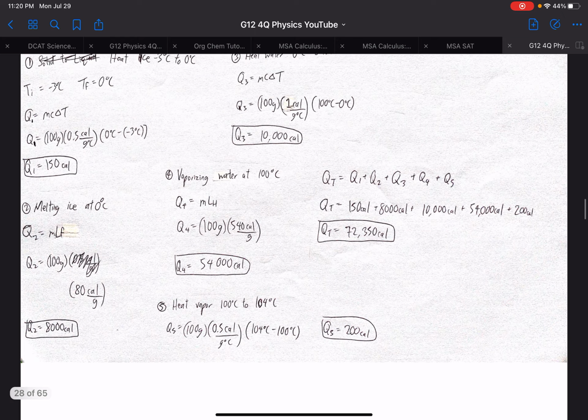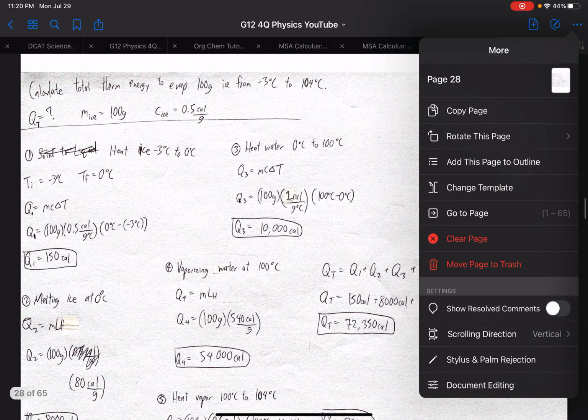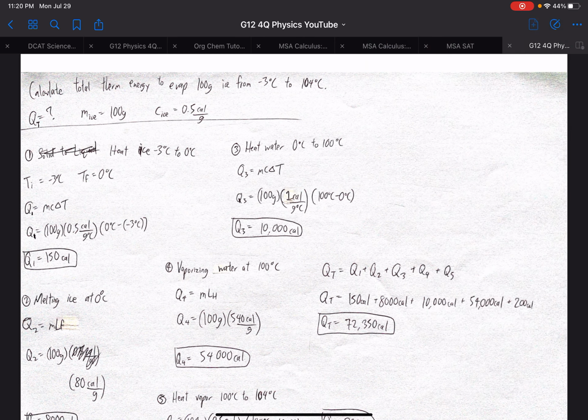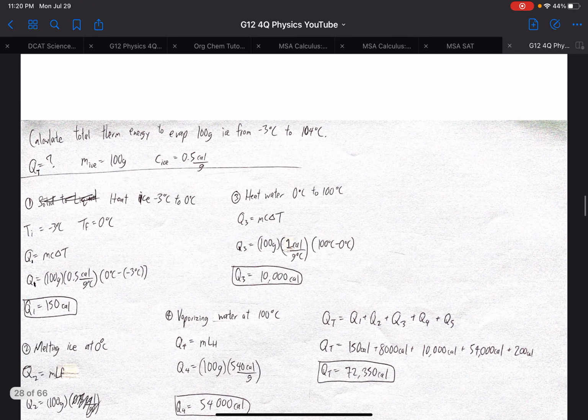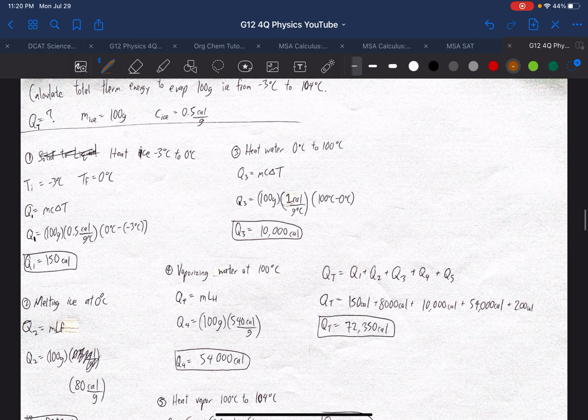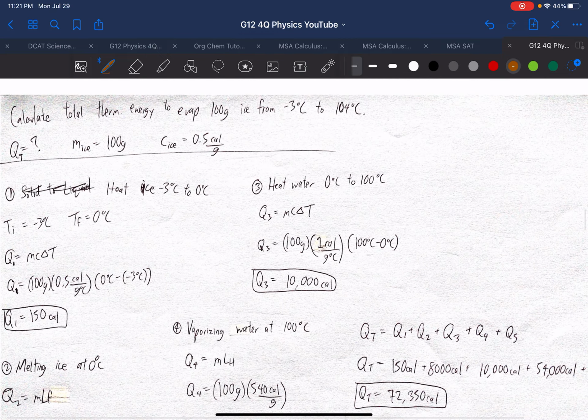Okay. I think this is 1. Let me add a page. I did answer it, but let's answer it again. So this is a kind of problem that is going to need you to memorize a lot of formulas.